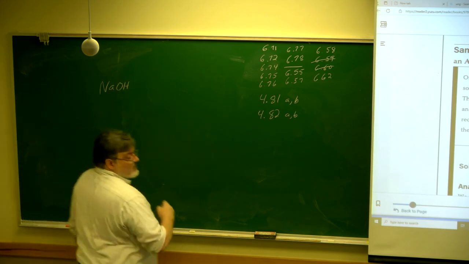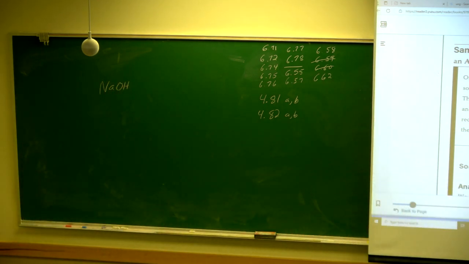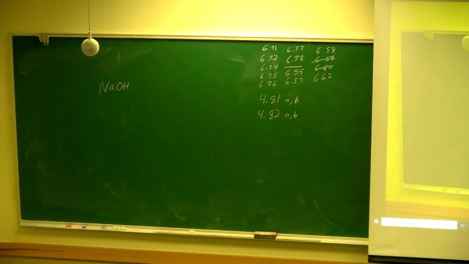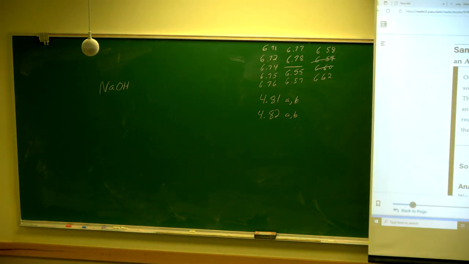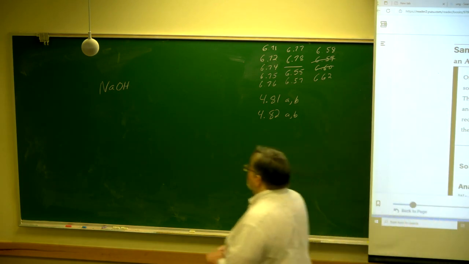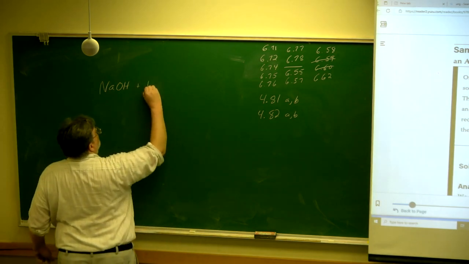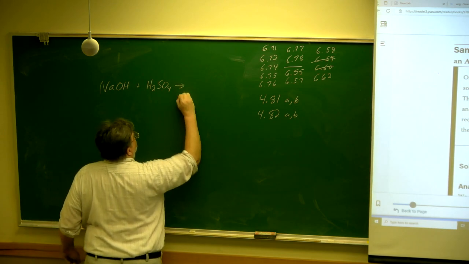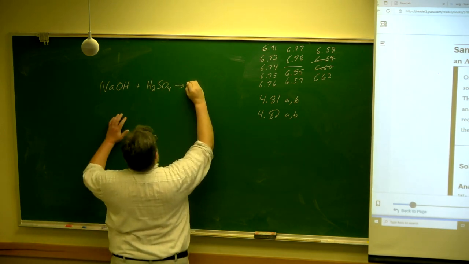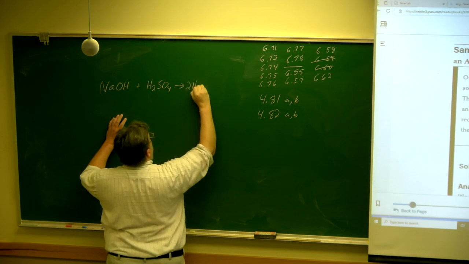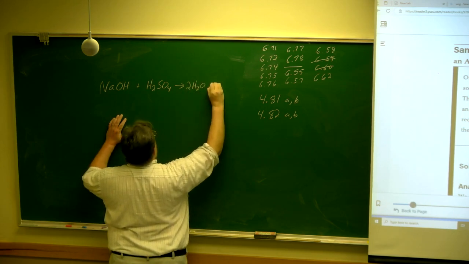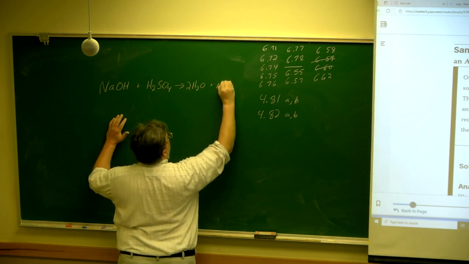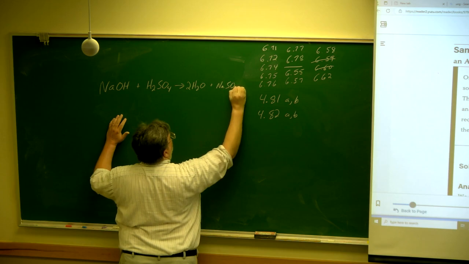NaOH plus H2SO4 is going to make 2H2O plus Na2SO4.